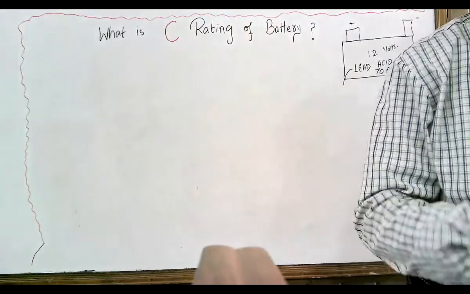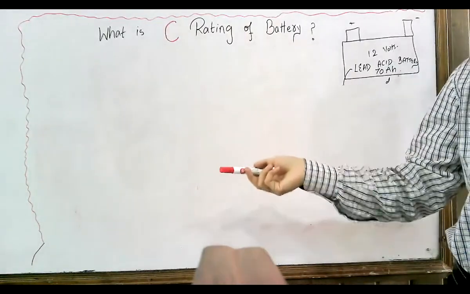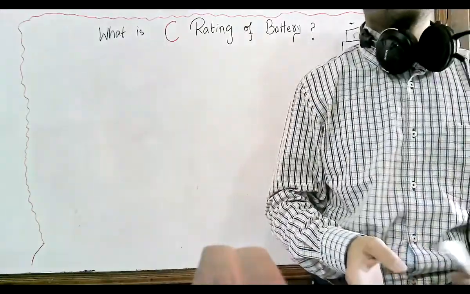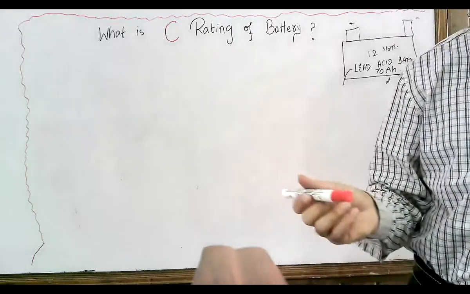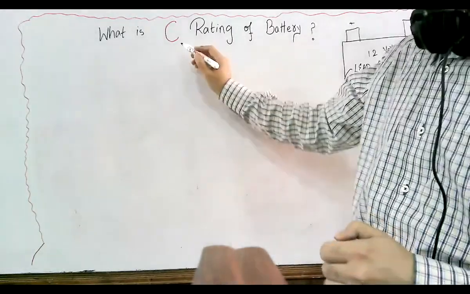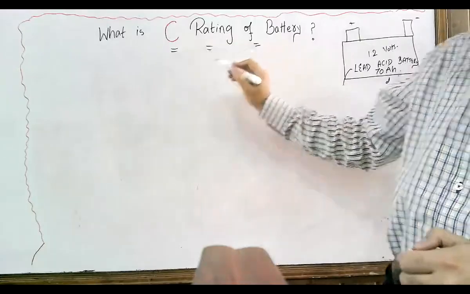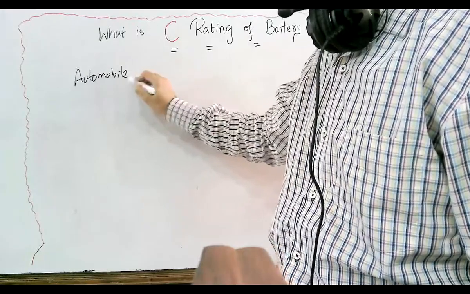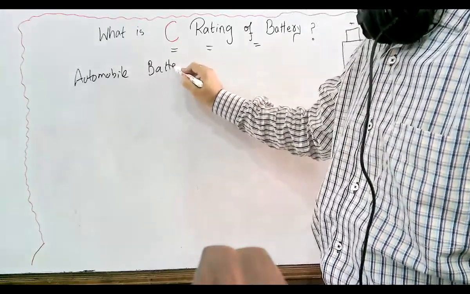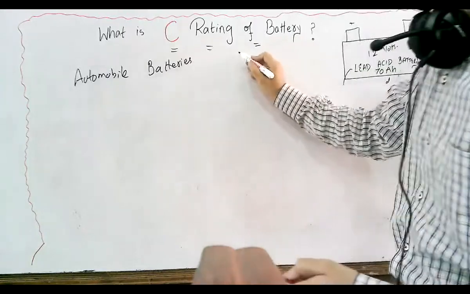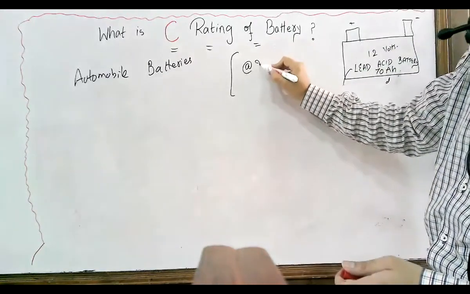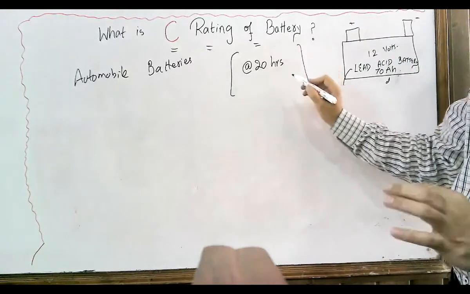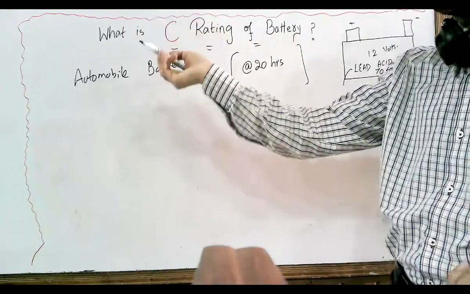Now C rating, I showed you when I did the screen share that no one mentioned the C rating. Now C rating is normally for those batteries which are automobile batteries. If it is mentioned, as I told you, at the rate of 20 hours in the battery specifications, it means that you have no need to look for C rating.